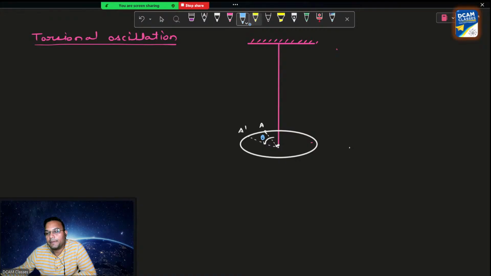Then what will happen if I release it? It will try to do oscillation in this way, like this. Okay, able to visualize it? Yes, Diva. So is it like that?